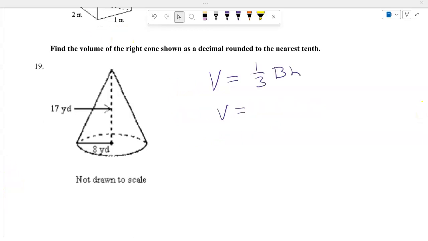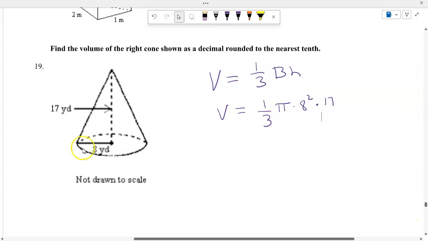To find the volume of a right cone, you need to use the formula 1/3 area of the base times the height. So I have 1/3. The area of the base will be pi r squared, so it's going to be 8 squared, times the height, which is 17. So just write it like that in your calculator. You have 1/3 times pi, 64, times 17.